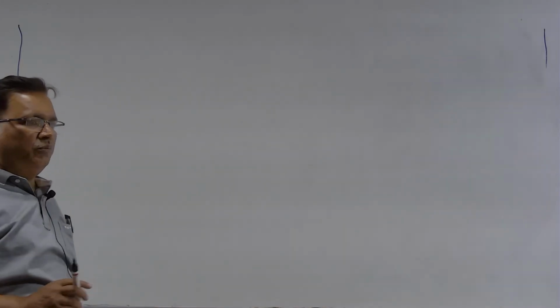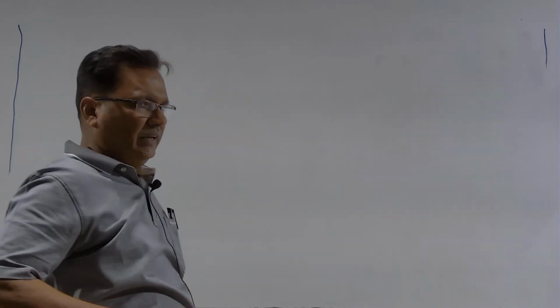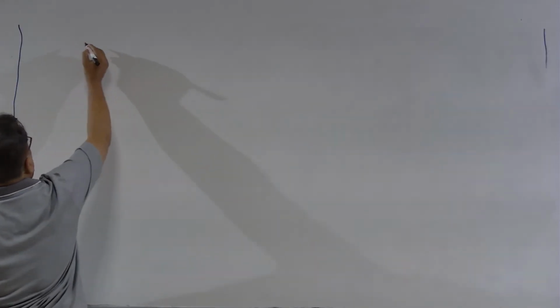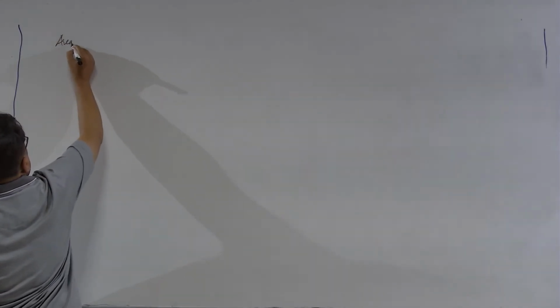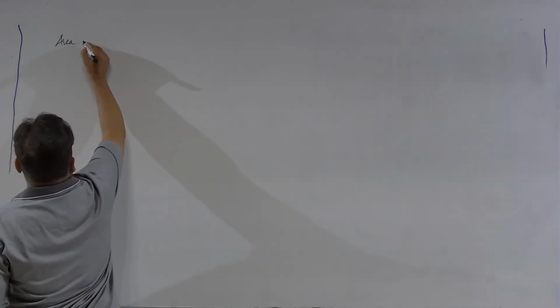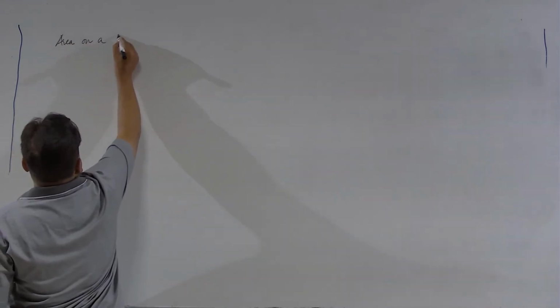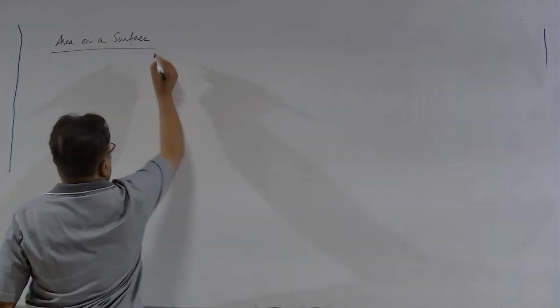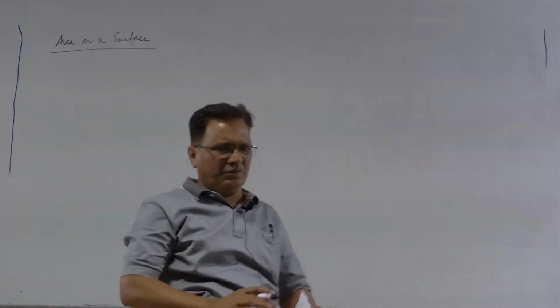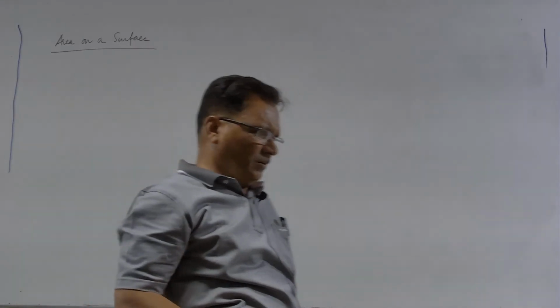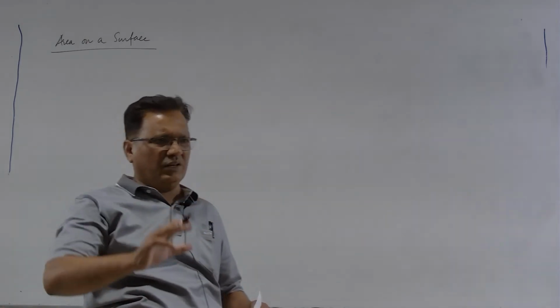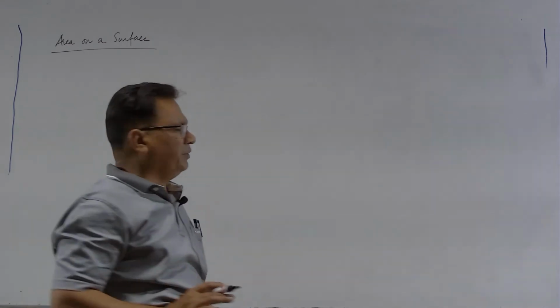So, now we move on to another topic, that is the area of a surface. How can we make use of all these things in computing the area of a surface, of a compact surface? If a surface is non-compact, then you cannot compute its entire area, but you can always decompose it into several regions whose areas can be computed.